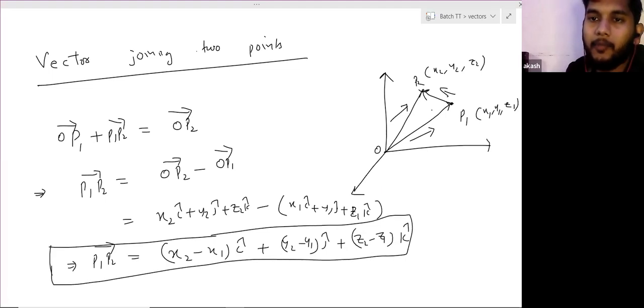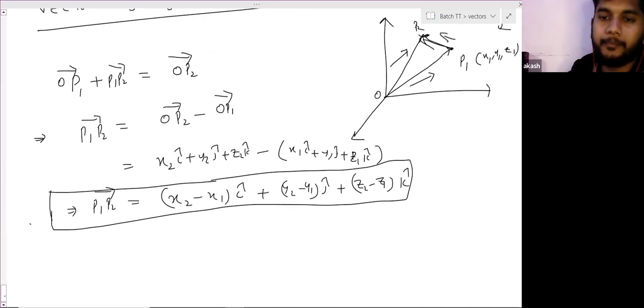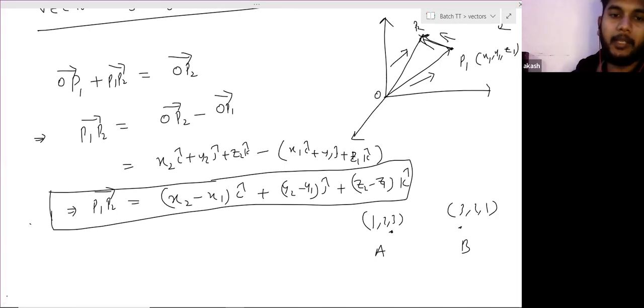If you have to find P1, P2 vector, then this minus this will happen. All right, what do I mean by that? Suppose this is A, this is B. This is 1, 2, 3, and this is 3, 2, 1. If they ask AB vector, then what you have to do?